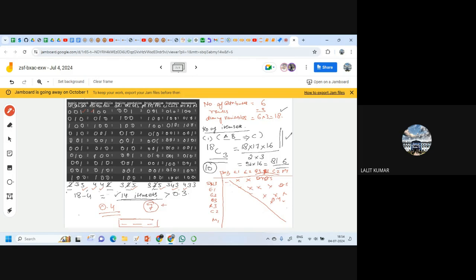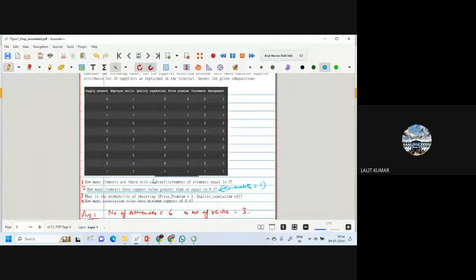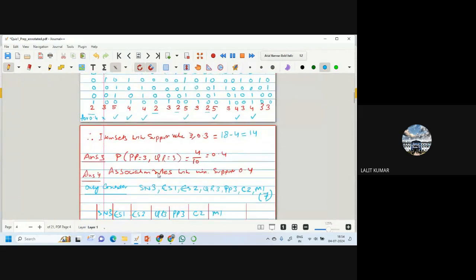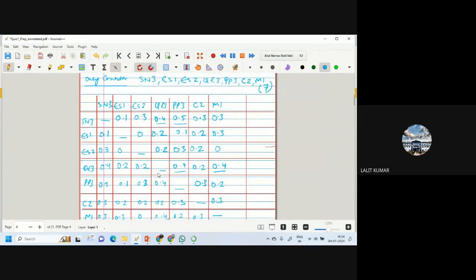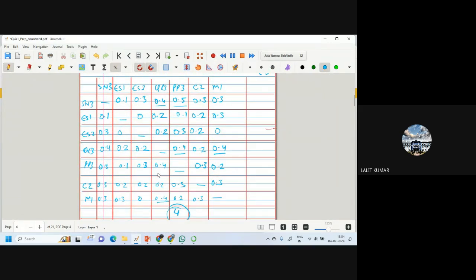SN1, SN2, SN3. So for example, here I had done this exercise. I found only this one. These are the ones which I got: SN3, QR3, PP3, this, this, this, 1, 2, 3, 4, 4 only because it is symmetrical.